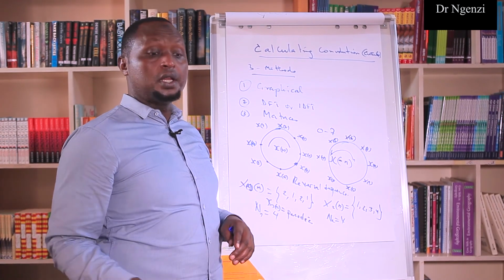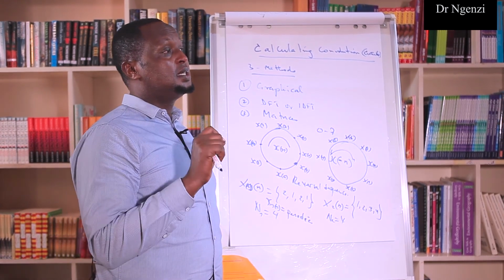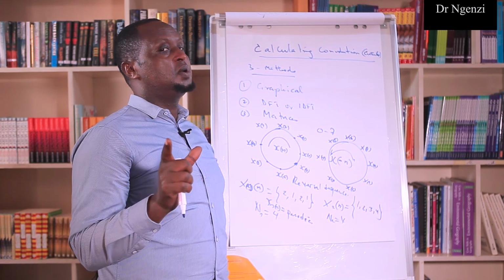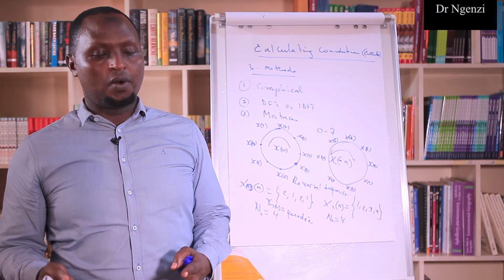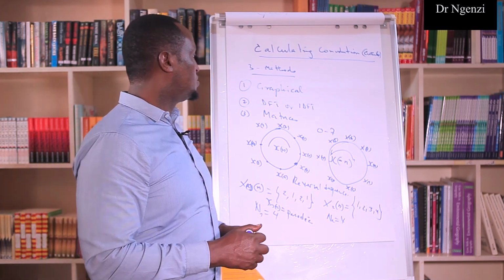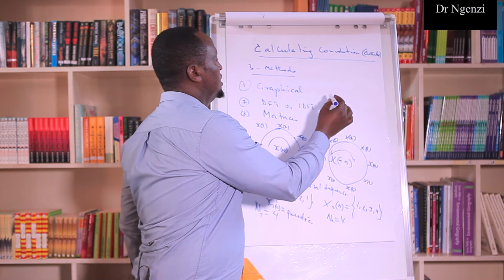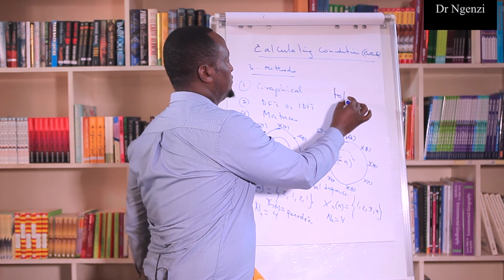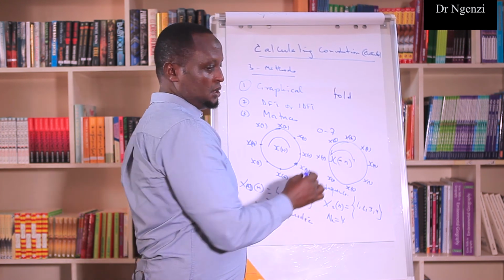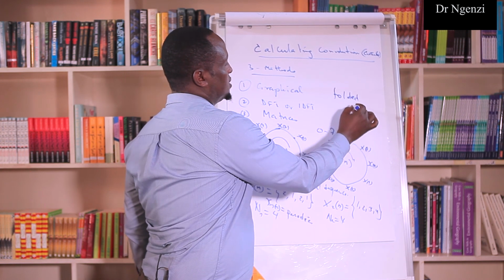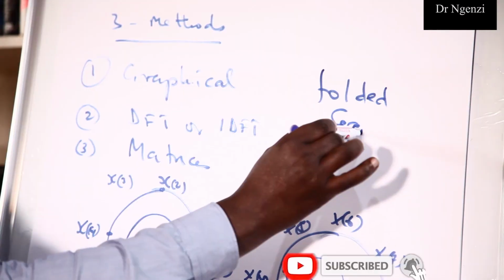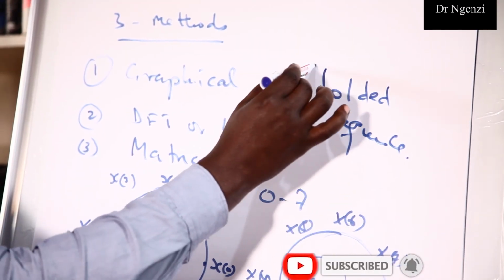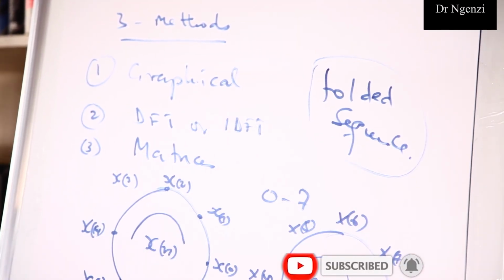So it just shows the direction. It can easily show the counterclockwise and clockwise direction. So that's what we call a folded sequence. We are going to discuss this one in our next slide.